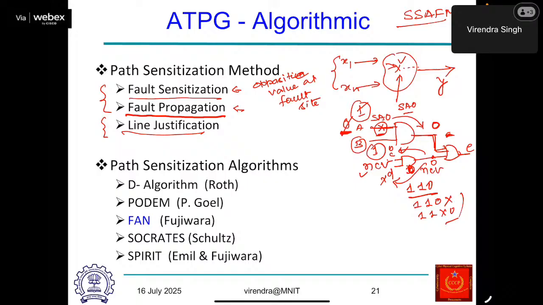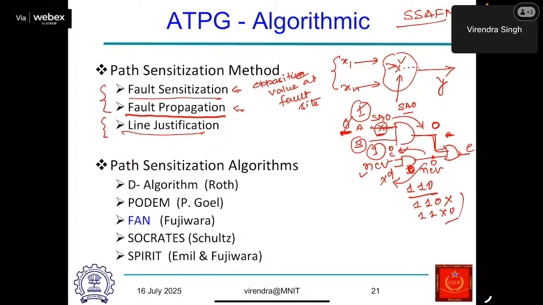explore the other possibilities. Like here, when you find that you are blocked and cannot go ahead, you have to come back and start to explore alternate ways. Those result in backtracking, and backtracking may go on infinitely long to generate the test.